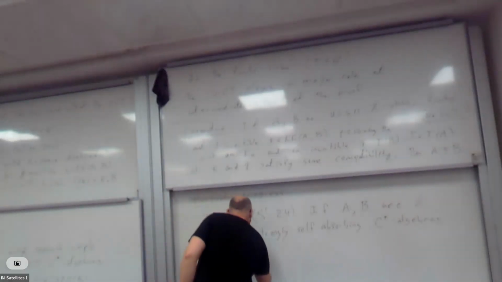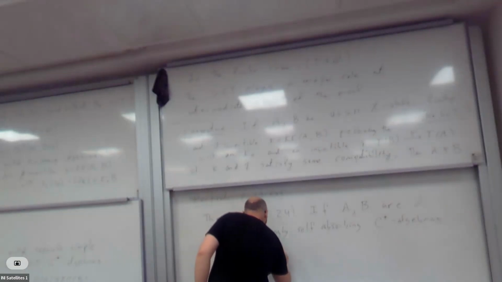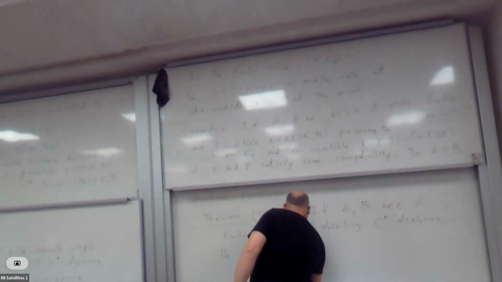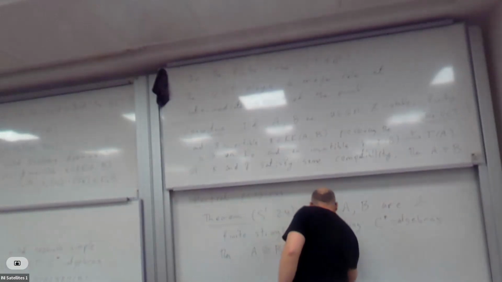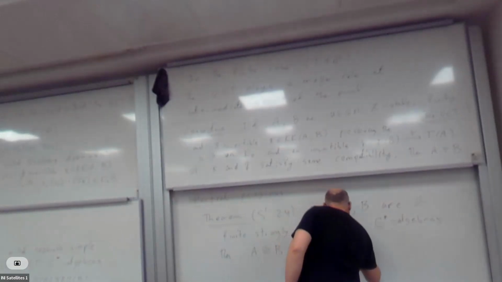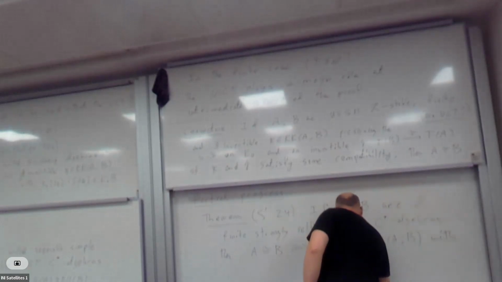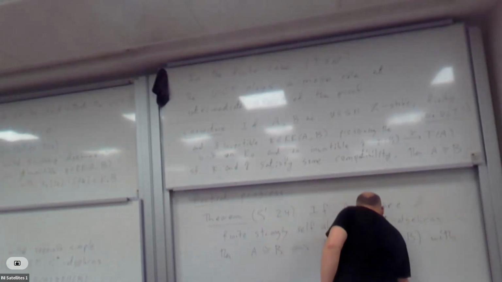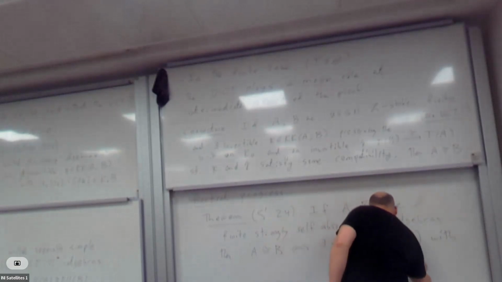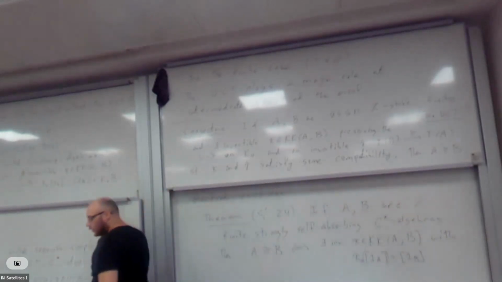Then A is isomorphic to B if and only if there is an invertible kappa, a KK equivalence in a unit preserving way.